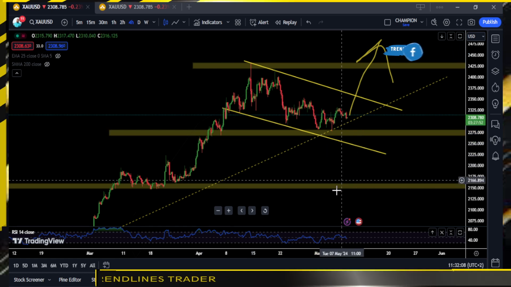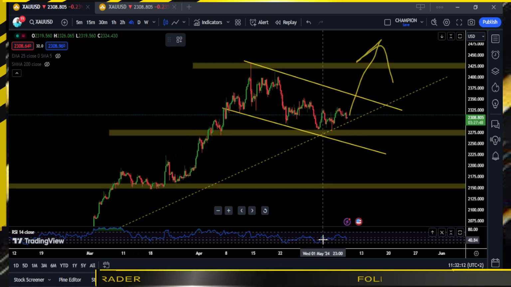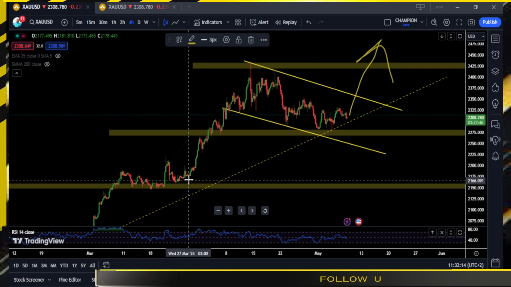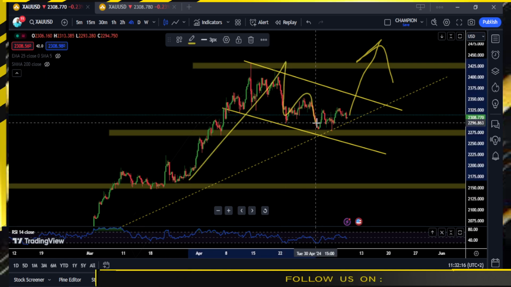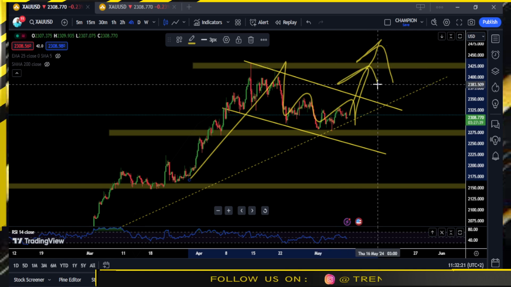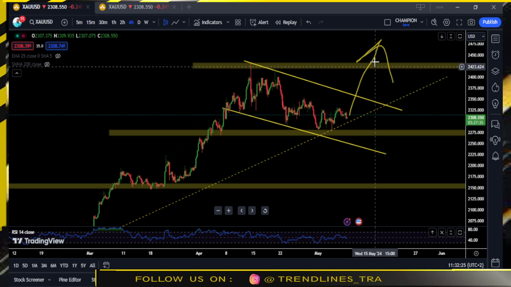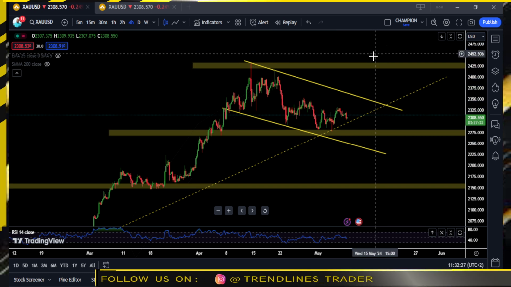And never forget that when we focus on our candlestick patterns, you can see we have our flag right here. This is a flag, and usually flags break towards the upside. I hope you guys still have that in mind.